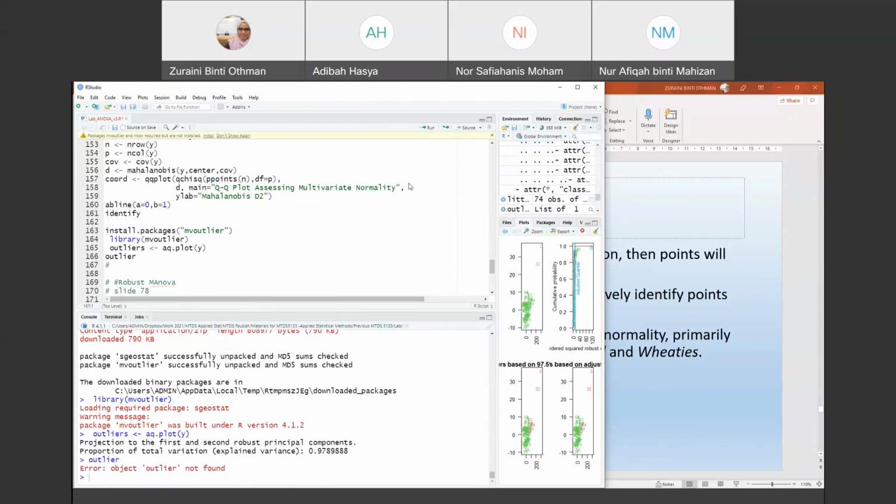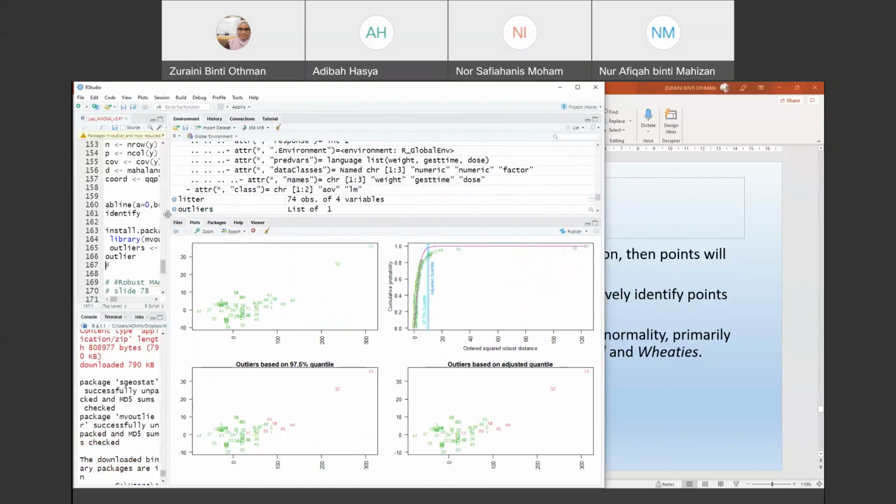Okay. So there is no outlier. Okay, this is what we plot. Robust distance outlier on 97.5 quantile and outlier based on the adjusted quantile. And this is the ordered squared robust distance versus the cumulative probability. And this is our adjusted quantile. And this is the result from the adjusted quantile.